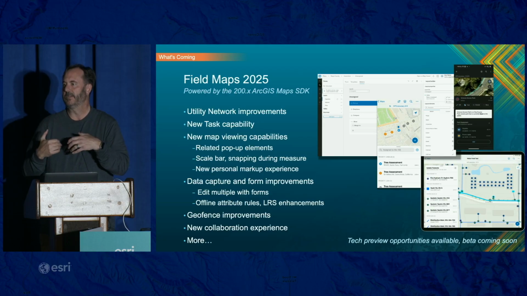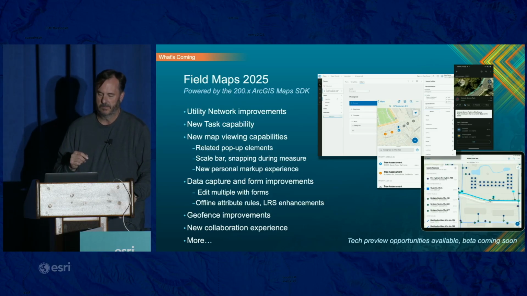And then if that relationship is editable in the pop-up, we can show an add button that lets you just add a related record, which will reduce the number of taps quite significantly.